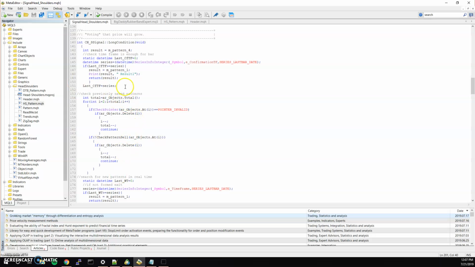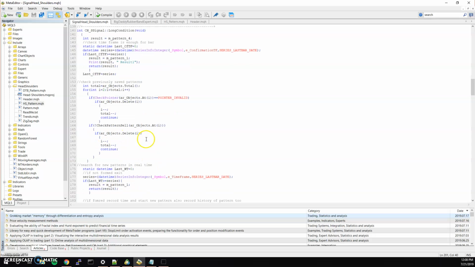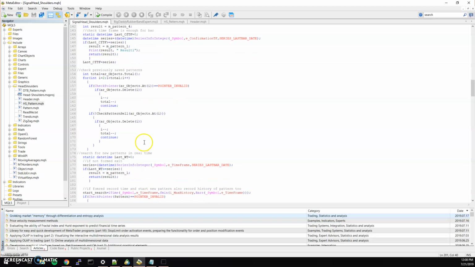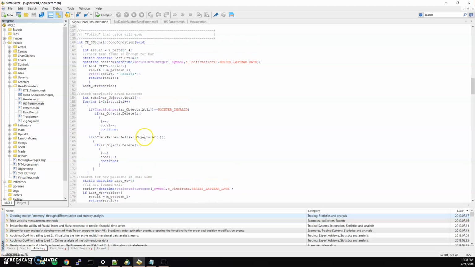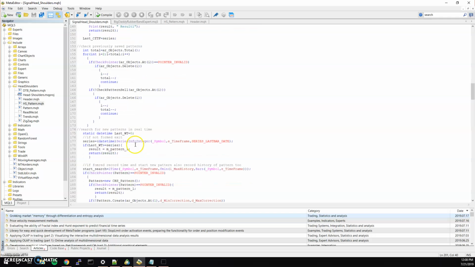We evaluate them and see if there's a check pattern sell, then we exit out. We check pattern sell because that would mean we actually were looking at a regular head and shoulders instead of a reverse head and shoulders, and that's why we make sure that returns false for check pattern sell. Because if the pattern returns for a regular head and shoulders, we don't want to process a long condition.